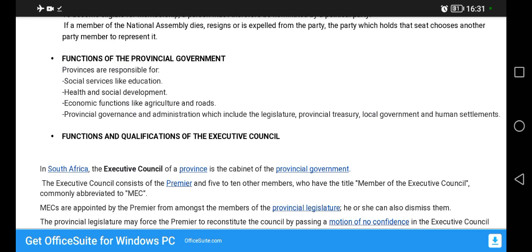No. So in Limpopo, in Western Cape, in Mpumalanga, etc., all of them are supposed to be having different departments that are offering the same services to all of us as the citizens of South Africa. So the provincial government is in charge of making sure that those departments do exist, and that those departments do provide services.